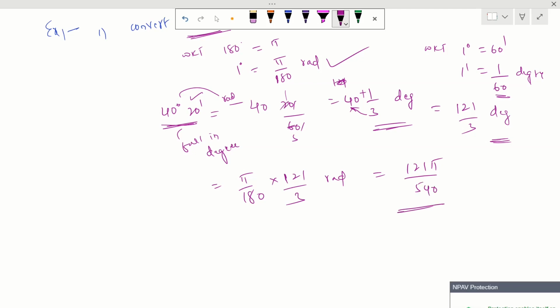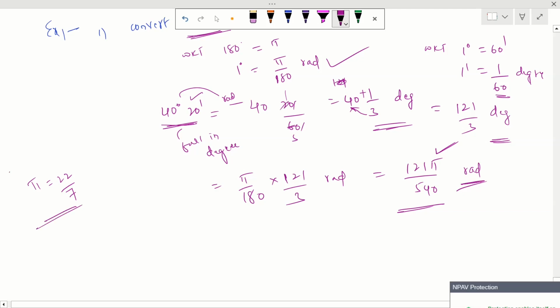So this term is complete in radian. Pi means radians. Here we don't have to put the value of pi. The value of the constant pi is 22 by 7, or 3.142. So it is a mathematical constant.